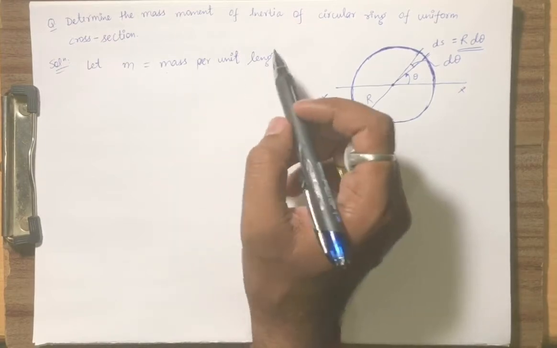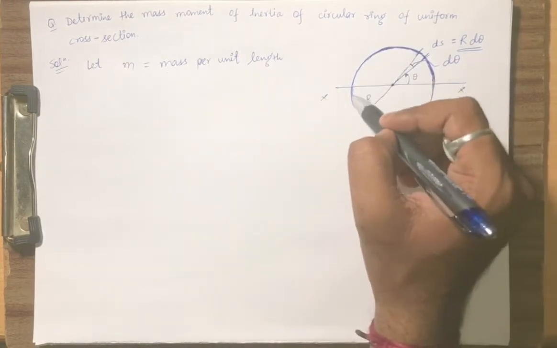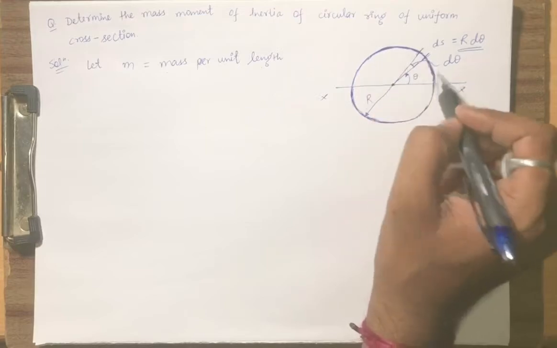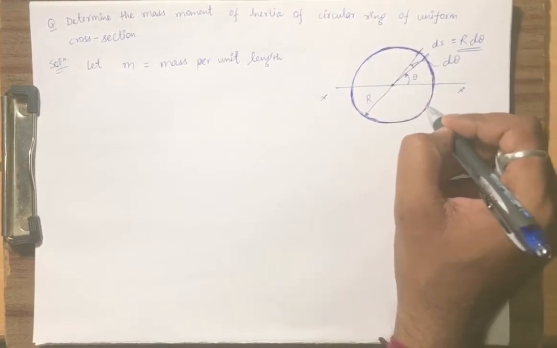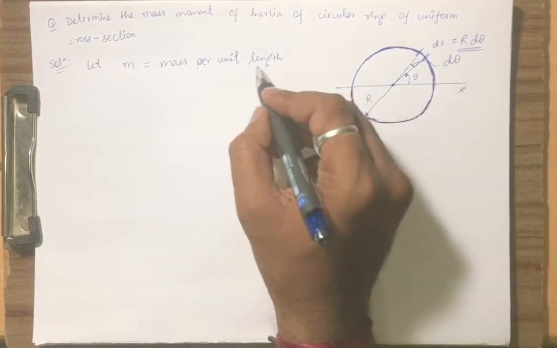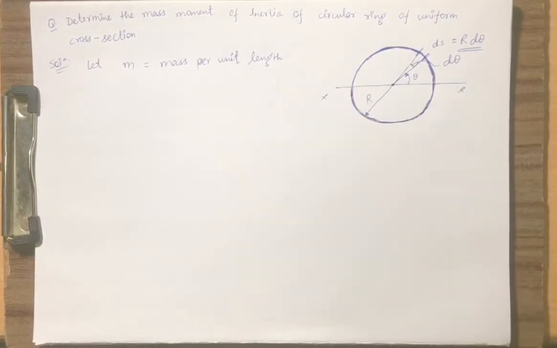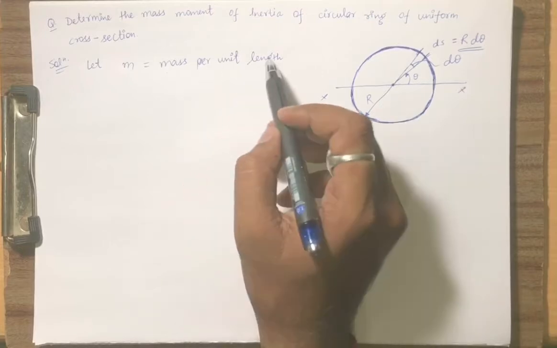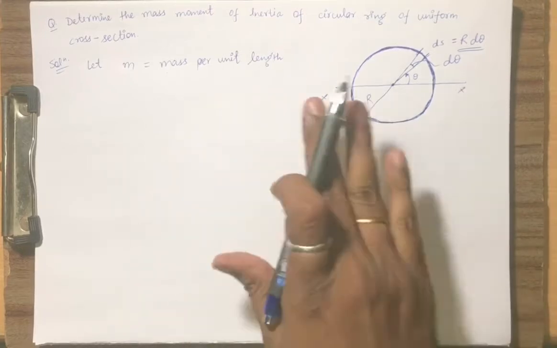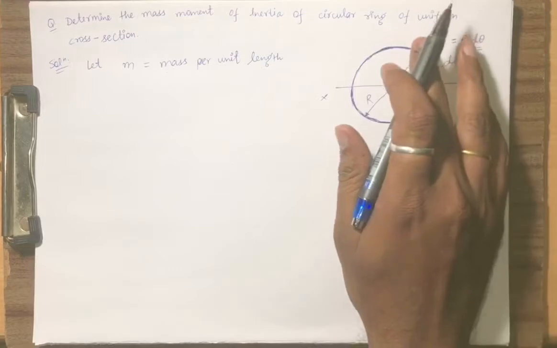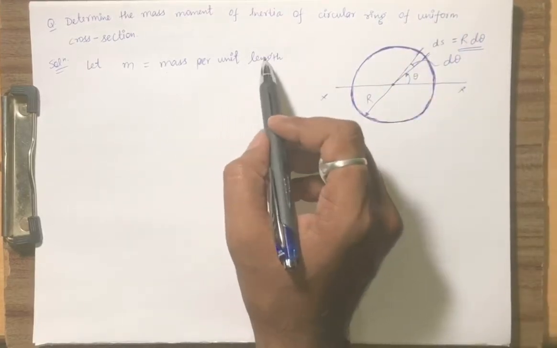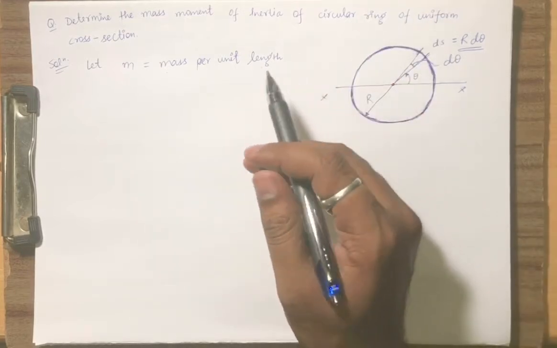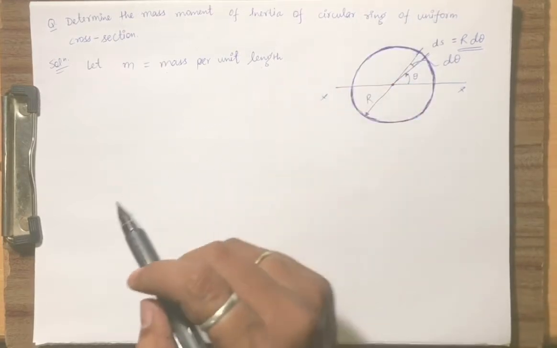So how to decide this? As you can see, for a ring only one dimension is required. It is a linear object, so only one dimension is there, so we will be taking mass per unit length. If a plate is there, so it will be a thin plate, then we will be taking mass per unit area, and if a 3D object is there, then we will be taking mass per unit volume.